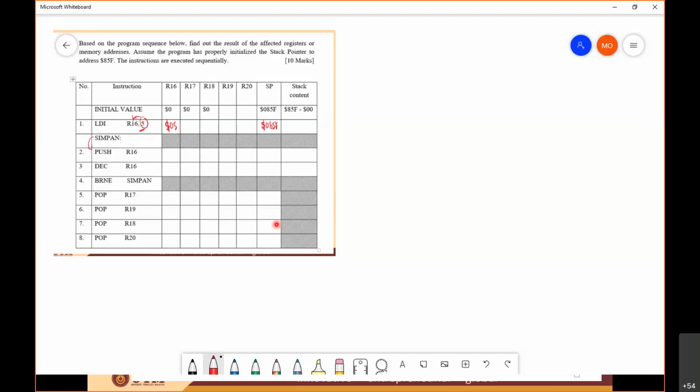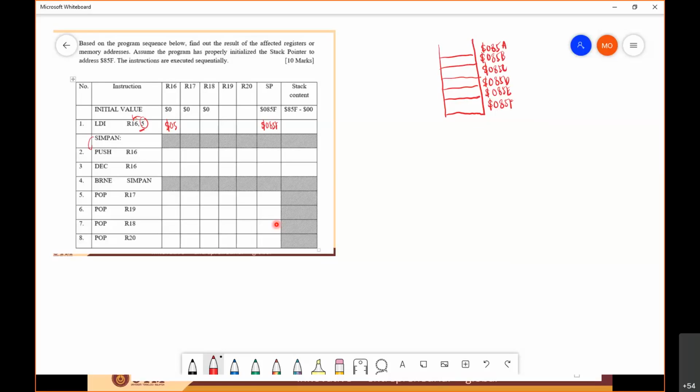So let's first draw our stack. So this is your stack.